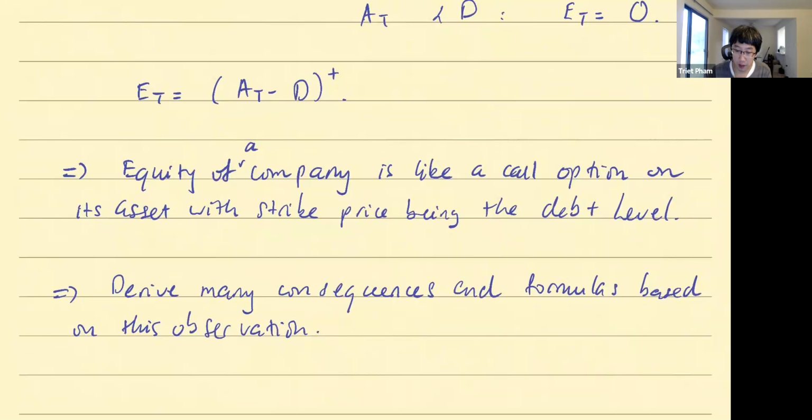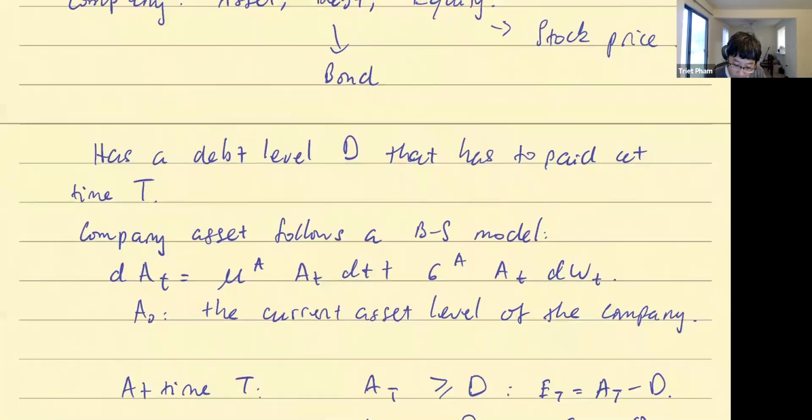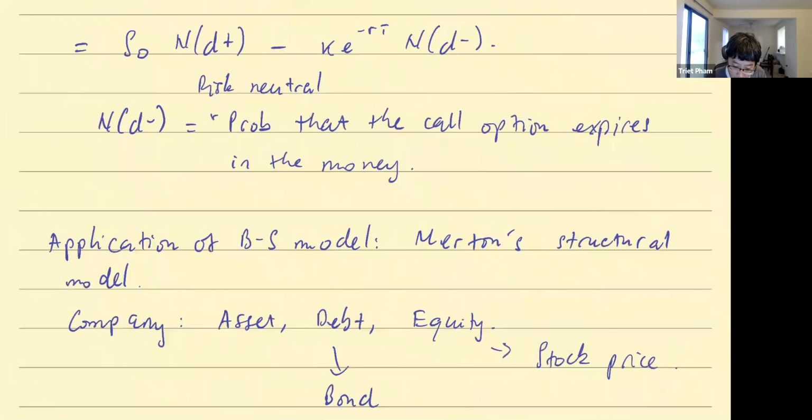And let me tell you, one of the main consequences is this. We know what N(d minus) is, for example. N(d minus) is known right now at time zero. But what is N(d minus)? N(d minus) is the probability that the call option expires in the money.